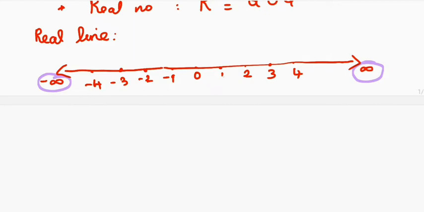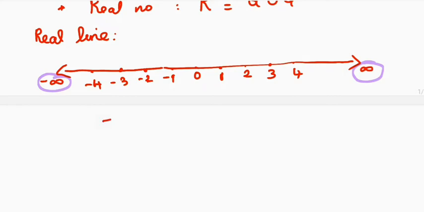If you consider a point, it can be related to a unique real number. So this number line is called the real line. On the real line, the value increases when we go to the right, and the value decreases when we go to the left.